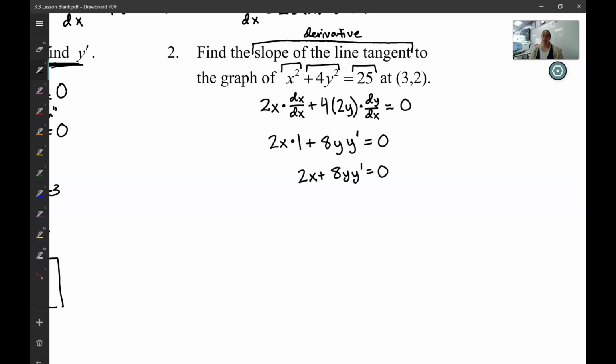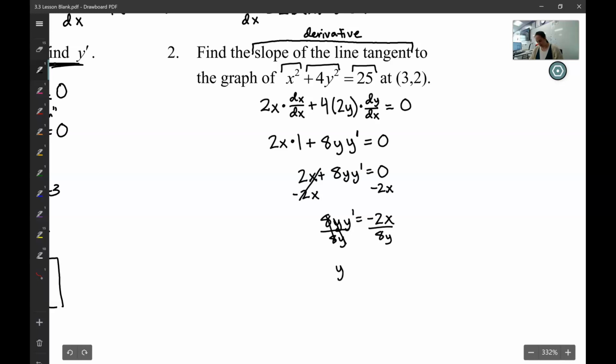Now I want to solve for the derivative, or solve for y prime. So I'm going to subtract 2x from both sides. So I have 8y' equals negative 2x. And then divide by everything but the y prime.